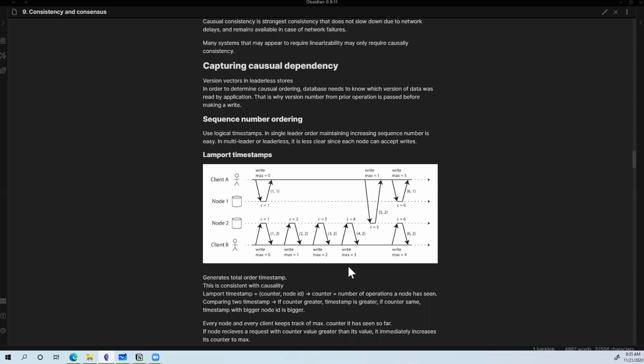But then after we write concurrently, say C equals 6, that's not guaranteed. So at any point when everyone communicates and talks to a single point, that will give us the total order.